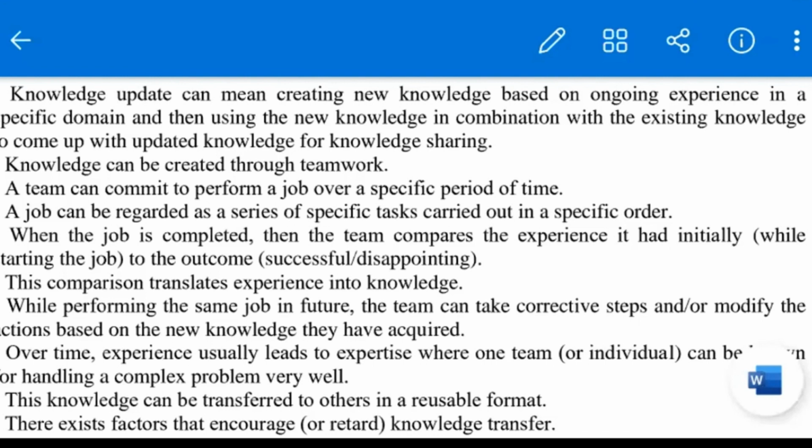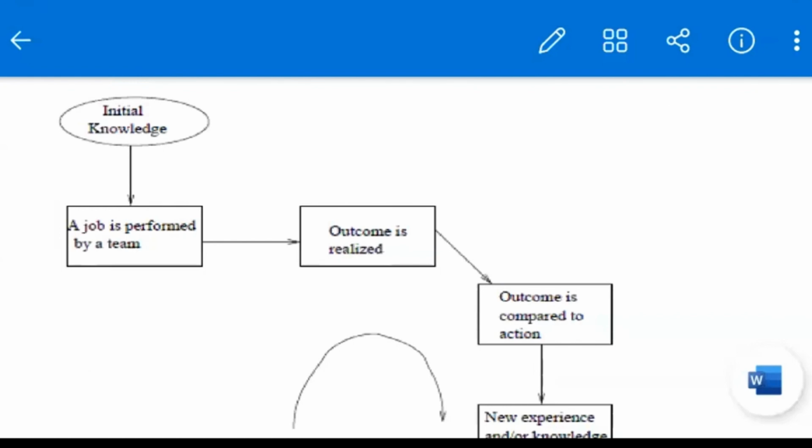So we will understand this with the help of this block diagram. Initial knowledge of preparing the tea, and also the task, since it is a more specific process of an ordinary task, so we'll also take temperature into account, whether we are preparing this tea at low temperature or high temperature, with the lid on or off, and so on.